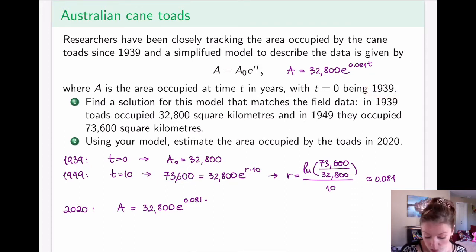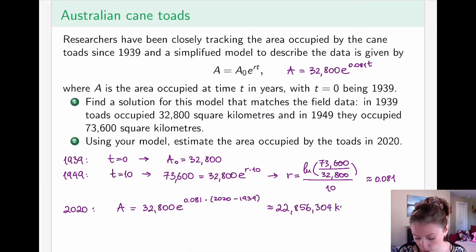So t that corresponds to 2020 will be 2020 minus 1939. Plugging all of this back in, I'm going to get approximately 22,856,304 square kilometers. So of course, unbounded growth ends up in really, really fast spread if nothing actually happens in terms of the control of the pest.